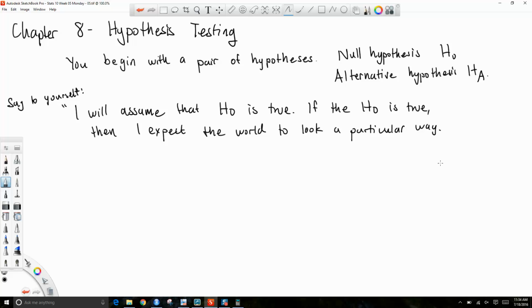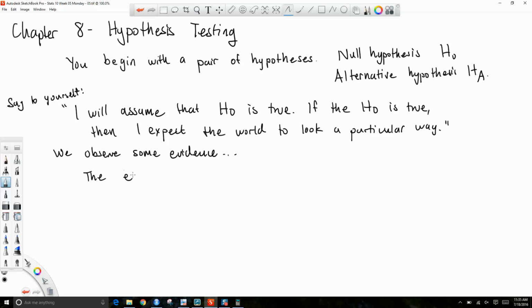then we have no reason to doubt my beliefs. Okay? Then I expect the world to look a particular way. Okay? And then we look at evidence, okay? We observe some evidence. And there's two possibilities, okay?